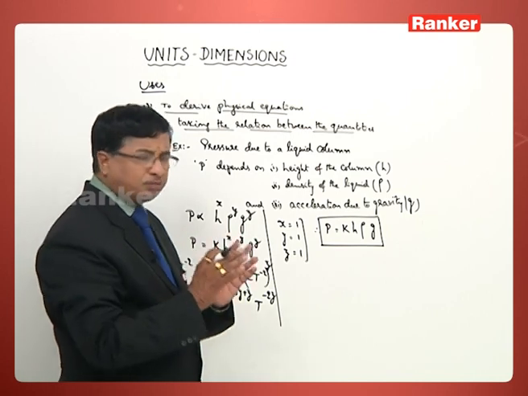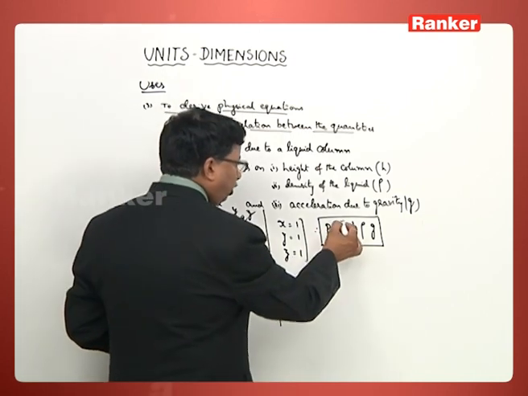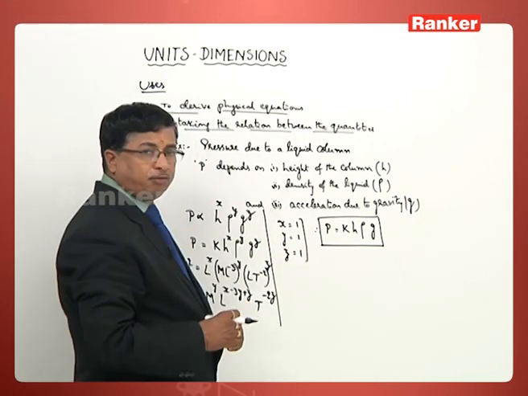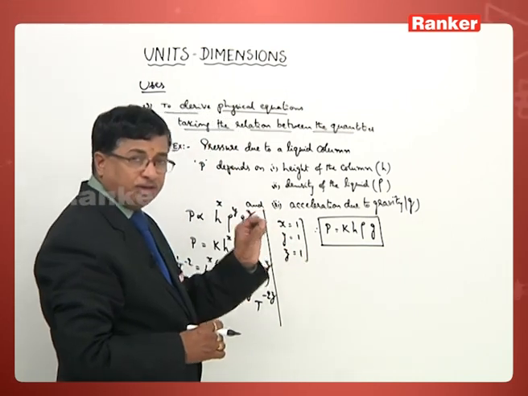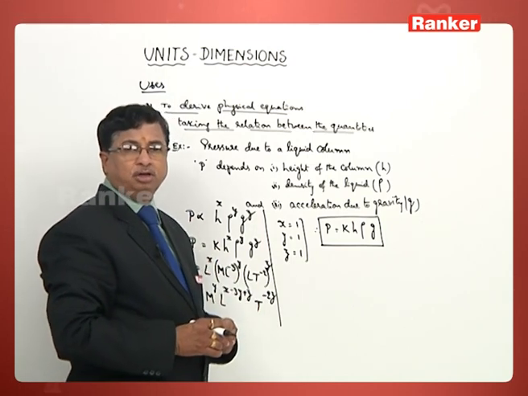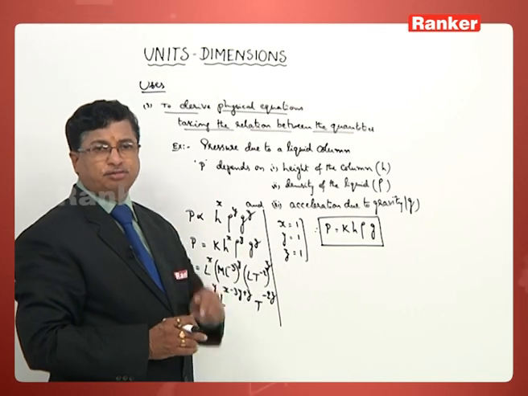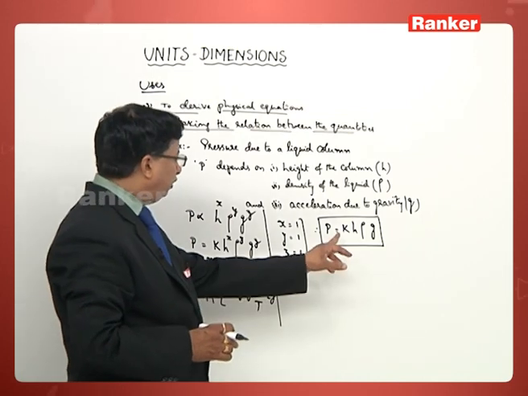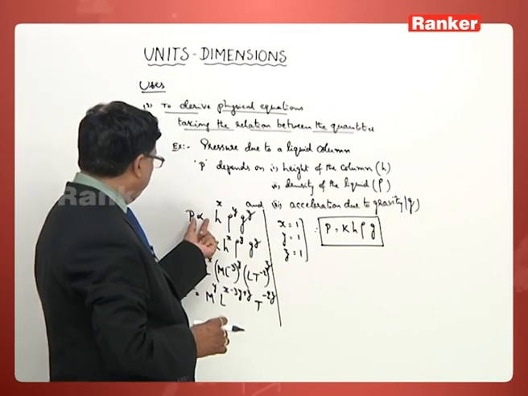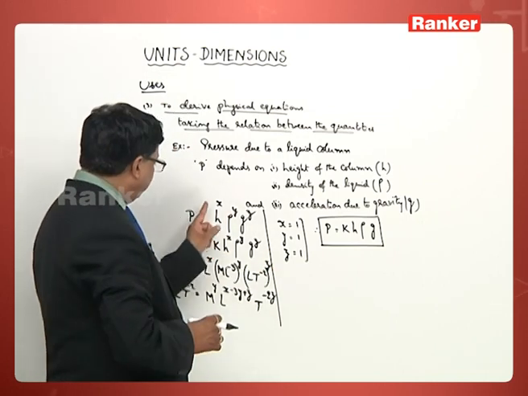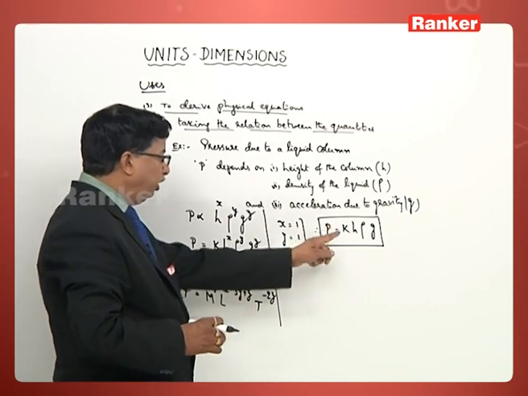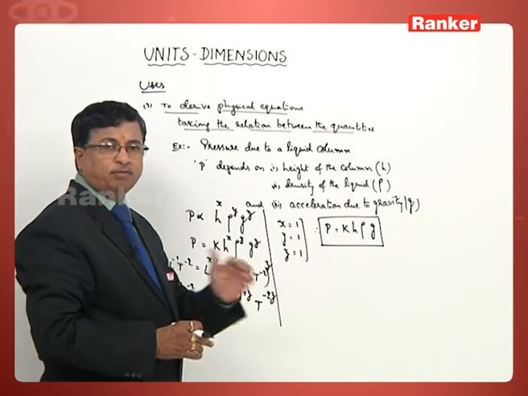But one should understand that this value of k, which we call the constant of proportionality, cannot be worked out using dimensional methods. One cannot directly calculate the value of k, but since we have converted the proportionality sign into an equality sign, we need to consider the value of k.